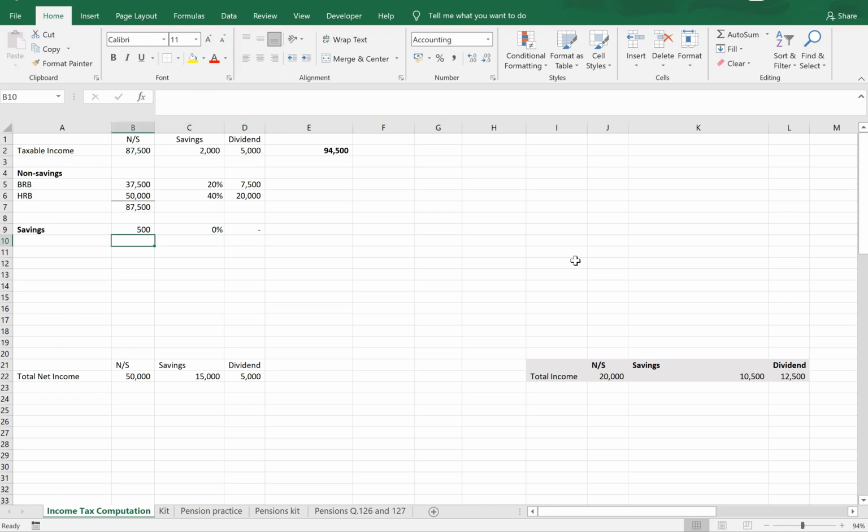No, 1,500 is left. What should I do? At 20%? No, that's been consumed by the non-savings income. At 40%, because the normal rate applies to savings income as well. Have I taxed the entire savings income? Yes.